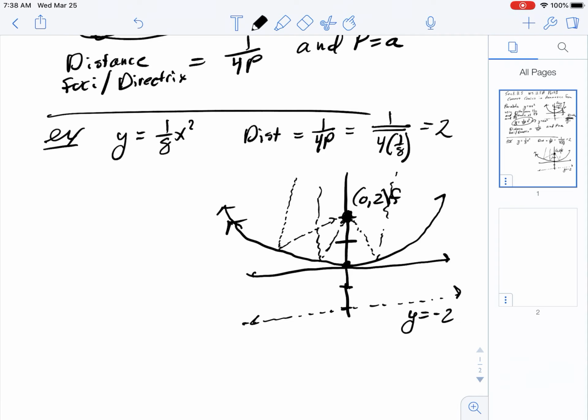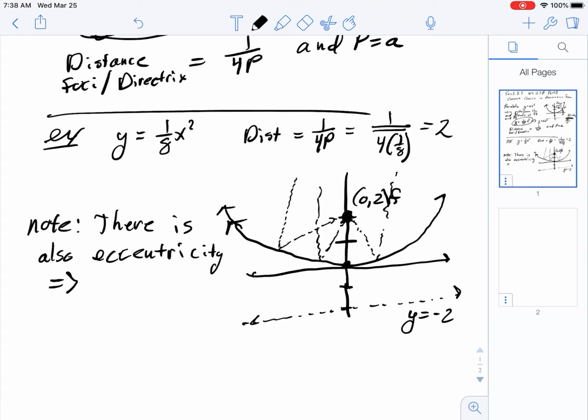There's also something called, so let's make a little note here. There is also a thing called eccentricity. Okay, which of course is a huge word for math people. So we've got to come up with a letter.